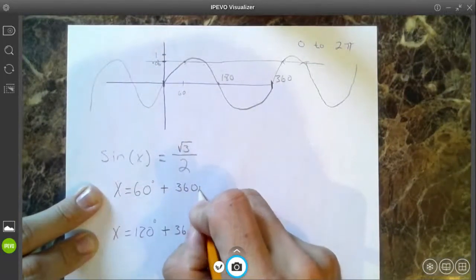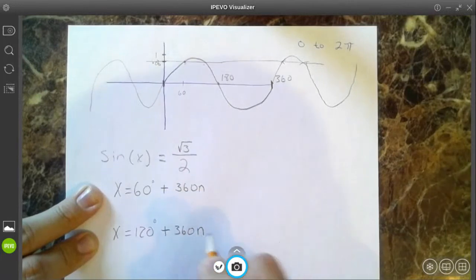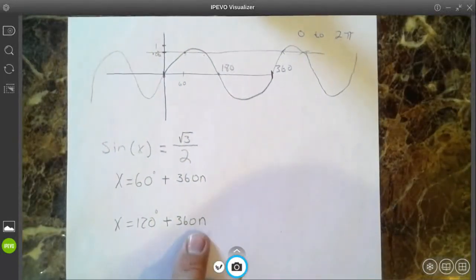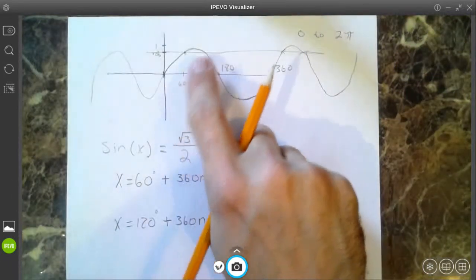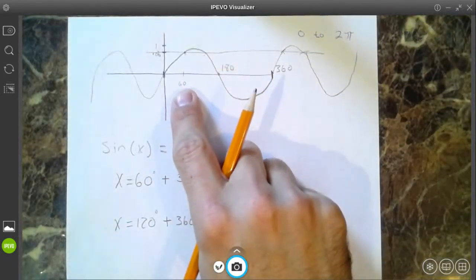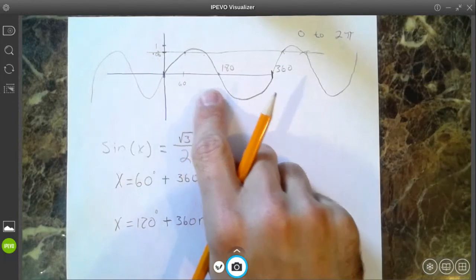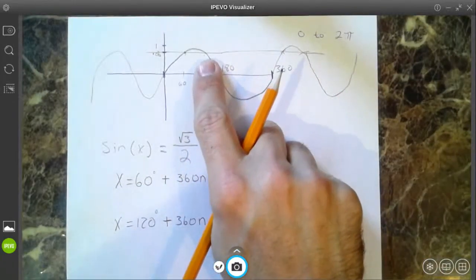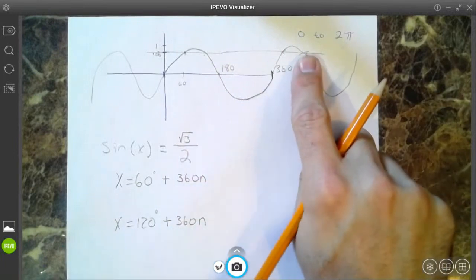You're going to keep doing it as many times as you see fit. So this represents all the positive answers, from 60, I guess 60 plus 360, that'd be 420. So that would be another lap right here. And also from 120 plus 360, which is 480.